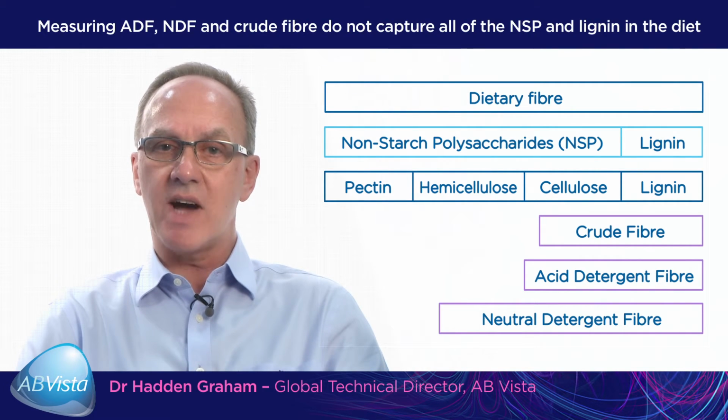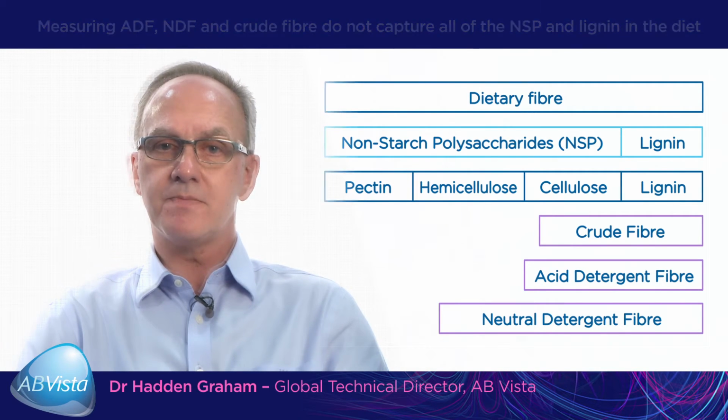The ADF, or acid detergent fibre method, involves boiling the feed in a dilute acid with a detergent added, and that also captures most of the cellulose and most of the lignin. And then the NDF, or neutral detergent fibre, captures the cellulose, the lignin, and the majority of the hemicellulose. Note, none of these 3 gravimetric methods capture the soluble fibre.